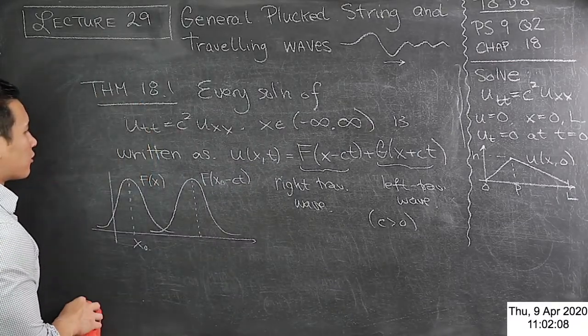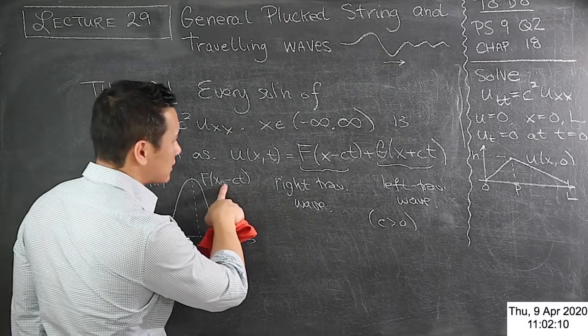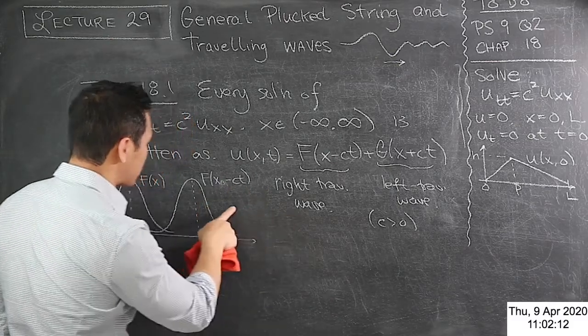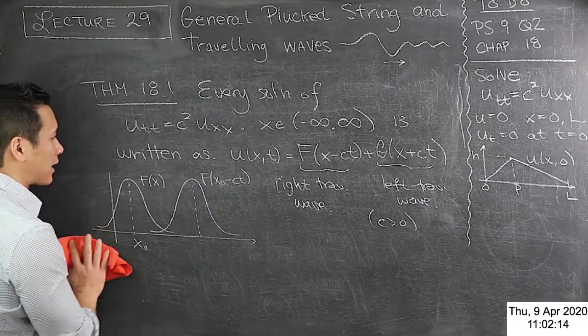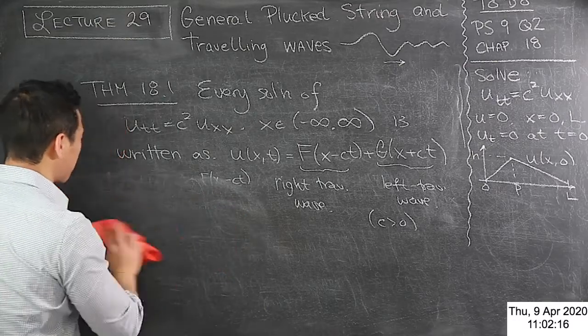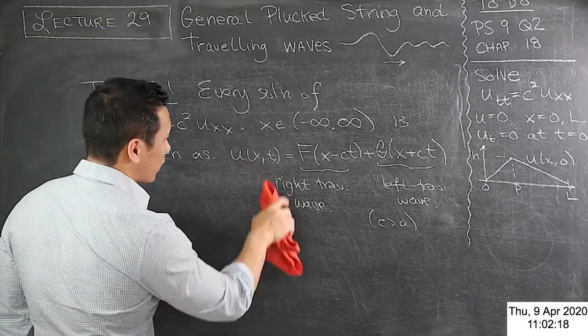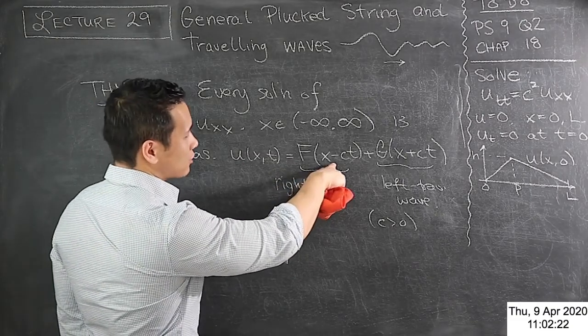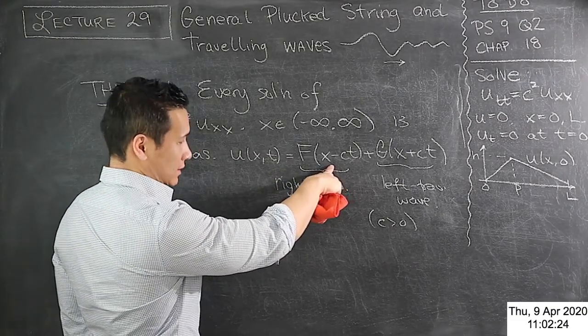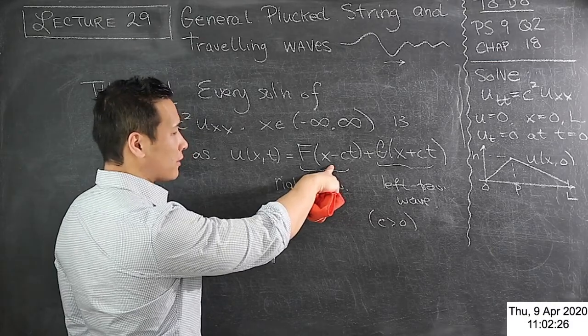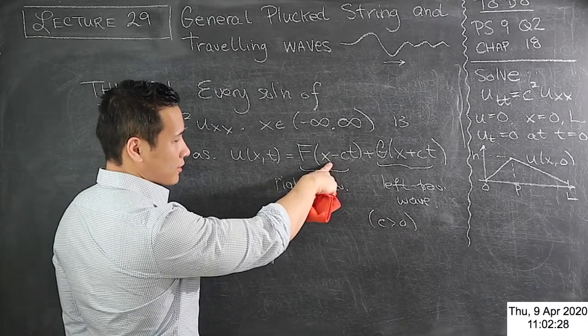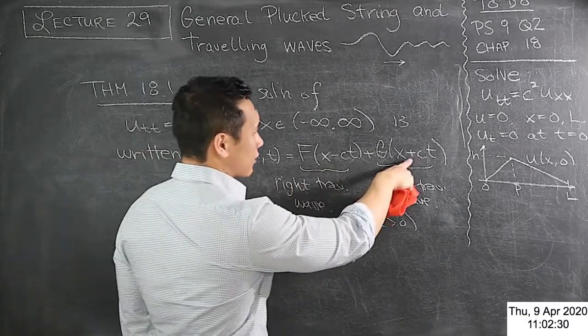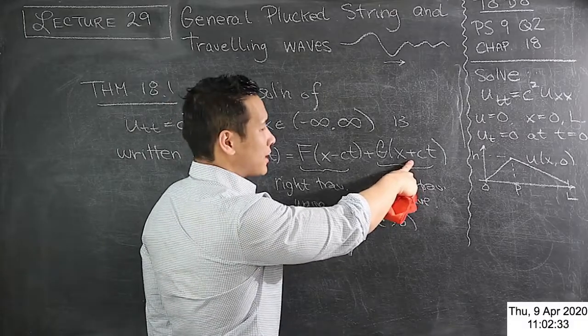So if it's x minus ct, it moves towards the right. If it's x plus ct, it moves towards the left. The way that you would prove this is basically to make a coordinate transformation of this combination of x minus ct. You make a new variable for x minus ct, and another new variable, eta, for x plus ct.